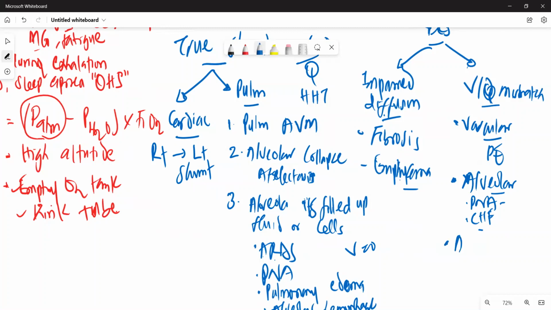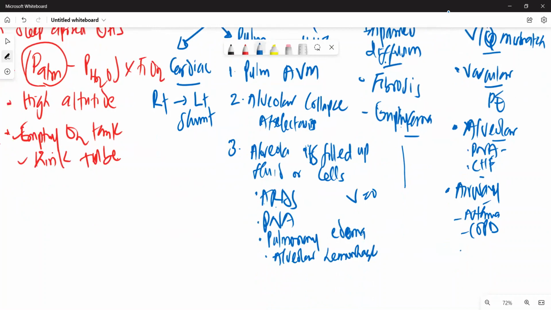The next one is airway disease like asthma and COPD. And of course, another thing we can add here is also mucus plug. With asthma and COPD, there is an obstruction to exhalation.